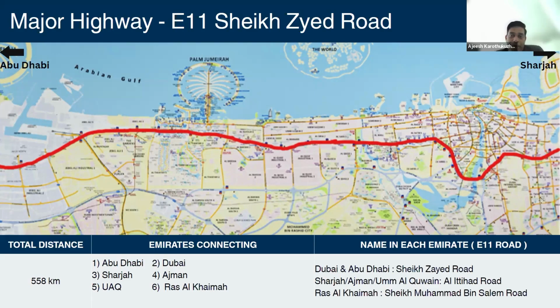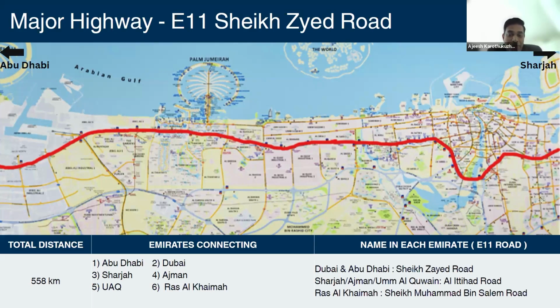All of you know this road because it is the primary source of transport for everyone in daily life. It has an overall length of around 558 kilometers, from the Abu Dhabi side towards Ras Al Khaimah. Interestingly, this road touches all seven Emirates, from Abu Dhabi till Ras Al Khaimah.